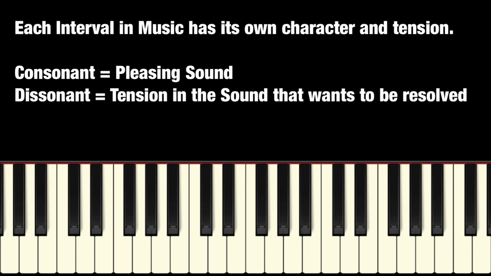Each interval in music has its own emotional character, and some intervals are more pleasing while others are very dissonant. Like this dissonant interval of a minor second, for example.